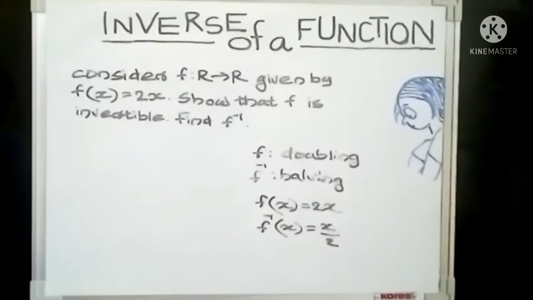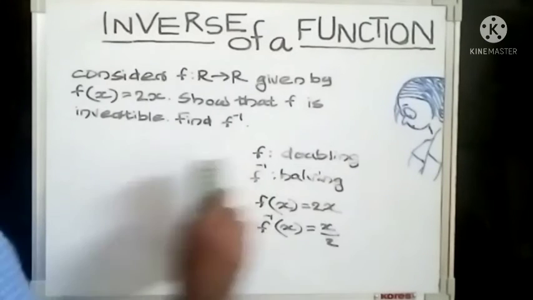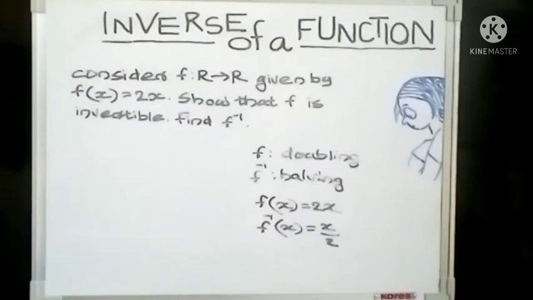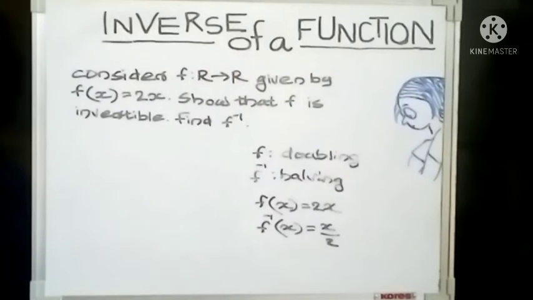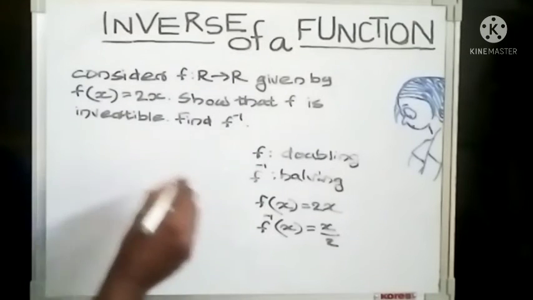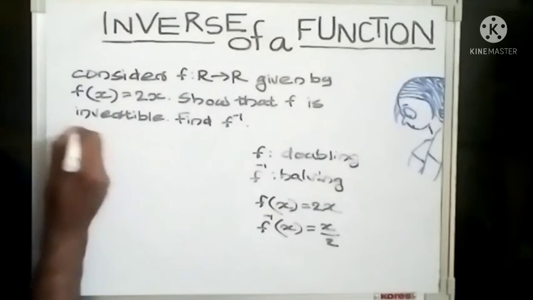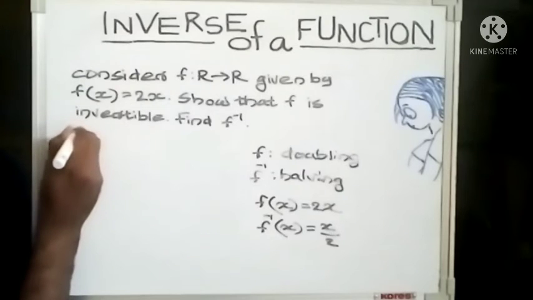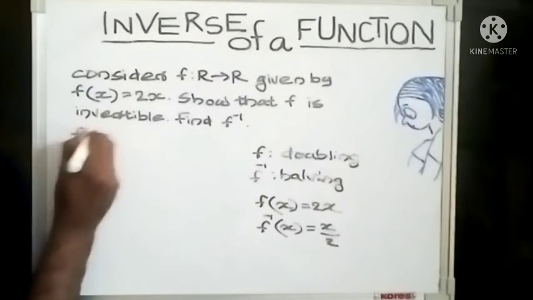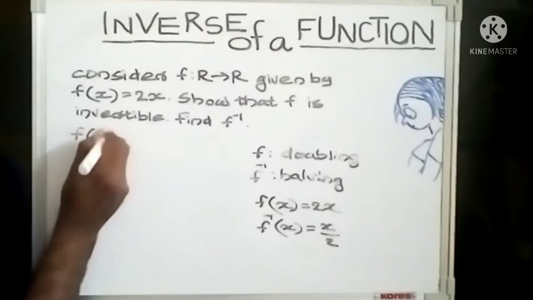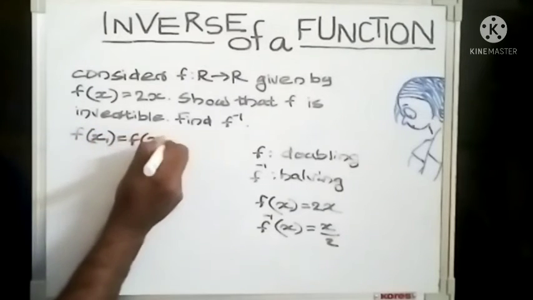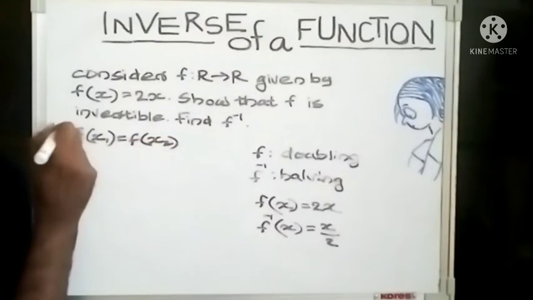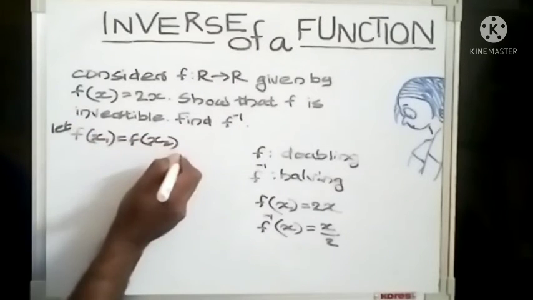Let us solve it theoretically. First, we have to show that the function is 1-1. How to show it is 1-1? You remember we have already done it in the previous class. Let f of x1 equal f of x2.